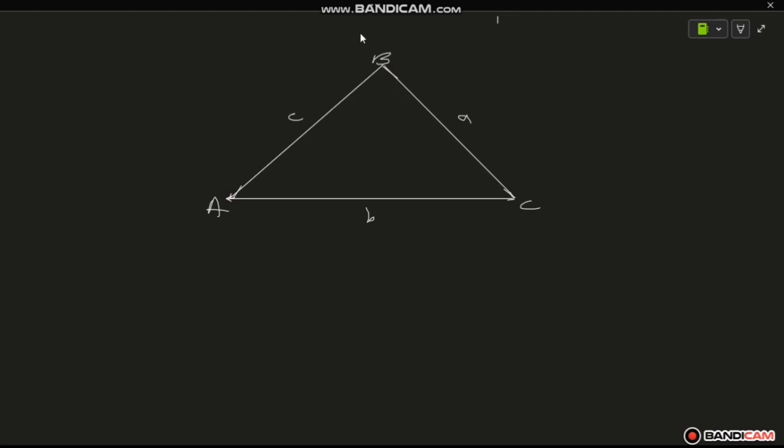Then the opposite side of angle B is AC. So these are angles, and these ones, the small letters, are sides or lengths. So it's very important: the vertices are angles, the sides are those small letters. I hope that it makes sense. The vertices are the corners. The singular name is vertex.